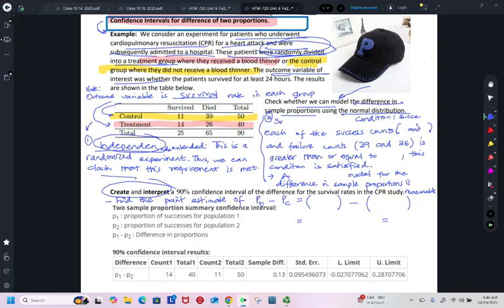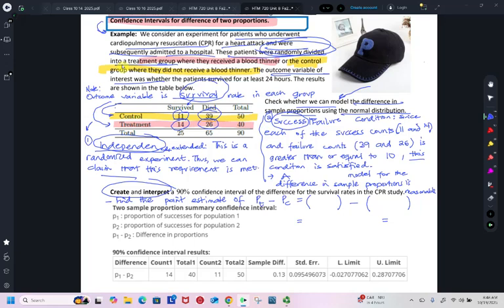Then we have the success-failure condition in each group. What does that require? For the success group, that will be the survival group in this context, you will notice that each of the values 11, 14, 11, and 14, and the failure counts 39 and 26, are all equal to or greater than 10.